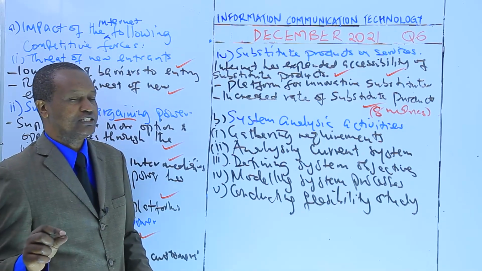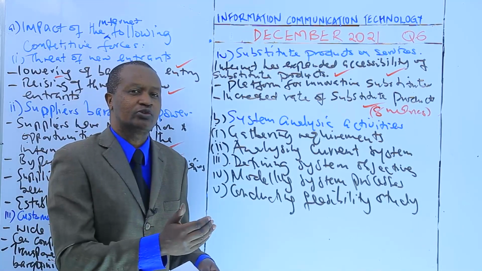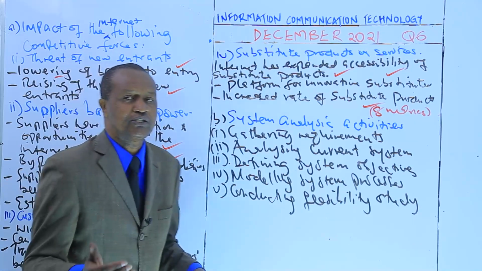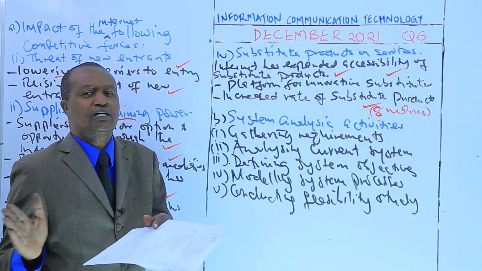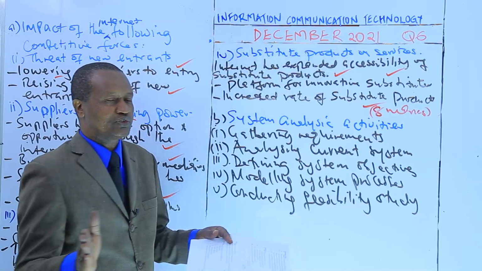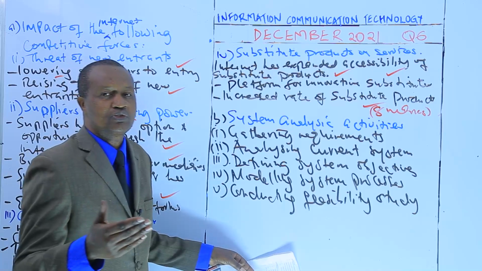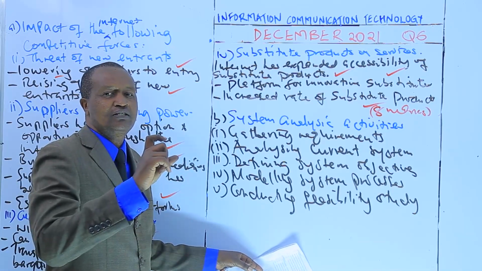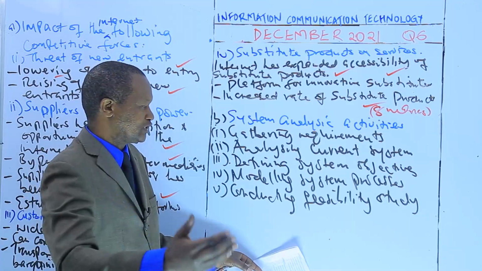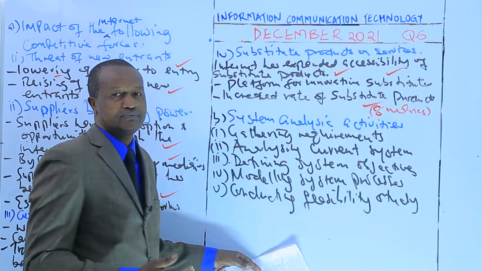Feasibility studies are conducted to evaluate the technical, the operational, and the economic viability of the proposed system. That involves assessing factors such as resource availability, cost-benefit analysis, and also potential risks, and then aligning the system with organizational goals.